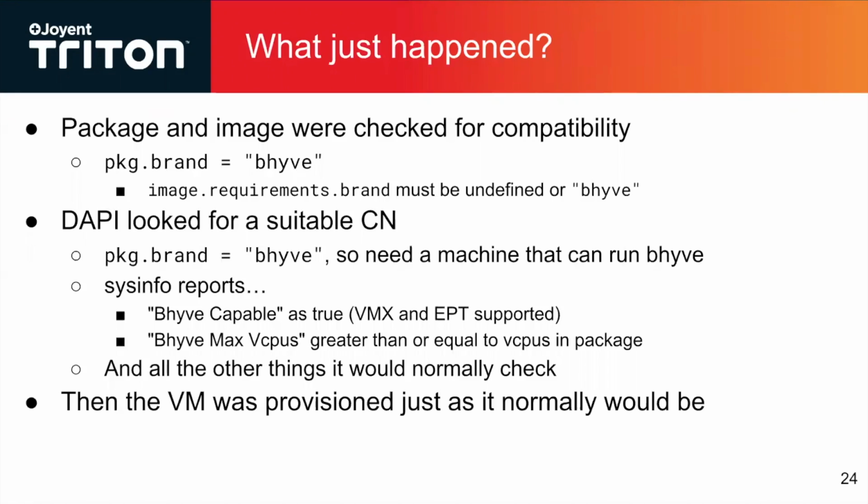And then Bhyve max vCPUs needs to be a compatible value. And DAPI does all the other normal things that DAPI does. And once DAPI finds a suitable machine, the VM is provisioned just as it normally would be. Of course, it uses Bhyve brand installation scripts instead of KVM brand, but those are pretty similar aside from the disk layout changes I mentioned earlier.